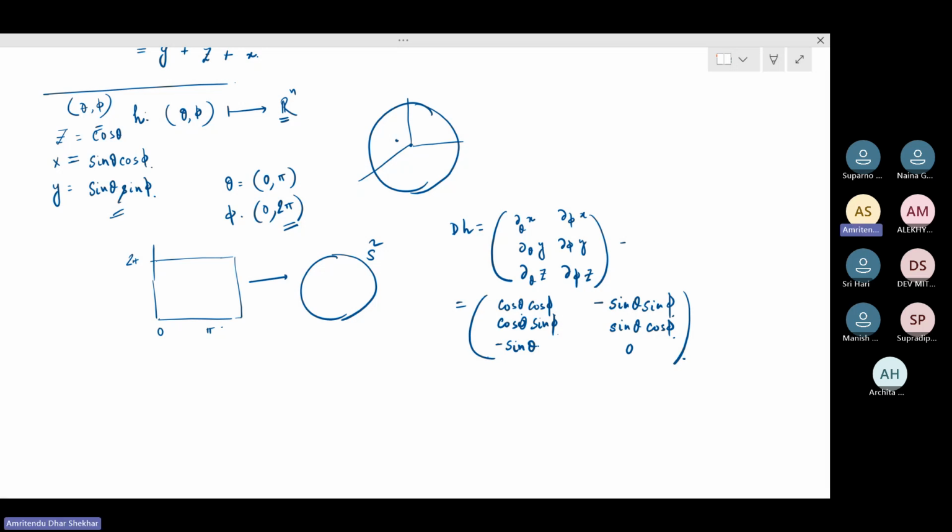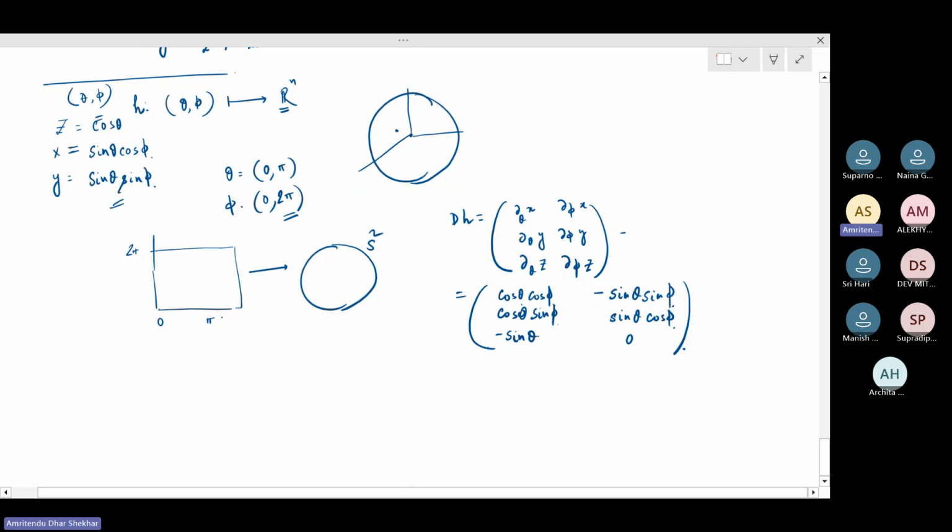Now you do this procedure that we did. You get the norm of dh as equal to, I'm just writing it down, you have to take all 2 cross 2 submatrices, take their determinants and sum them up. So you get this to be equal to sine theta.